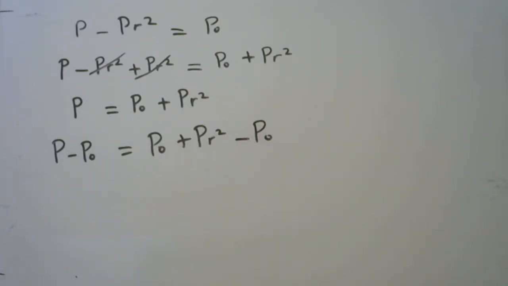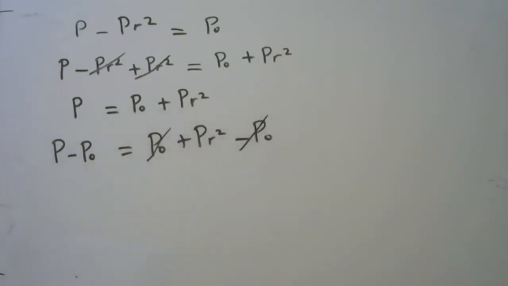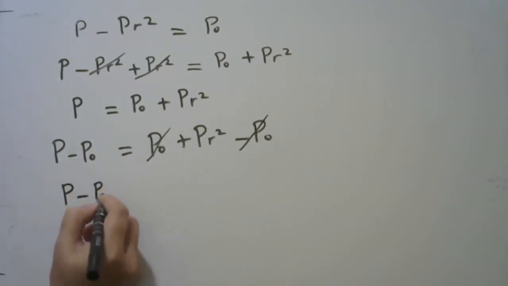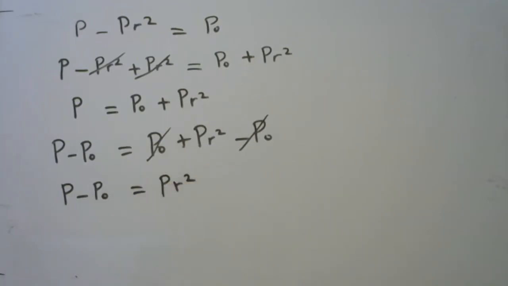Right? So this is going to cancel this. So now I have P minus P naught is equal to PR square.